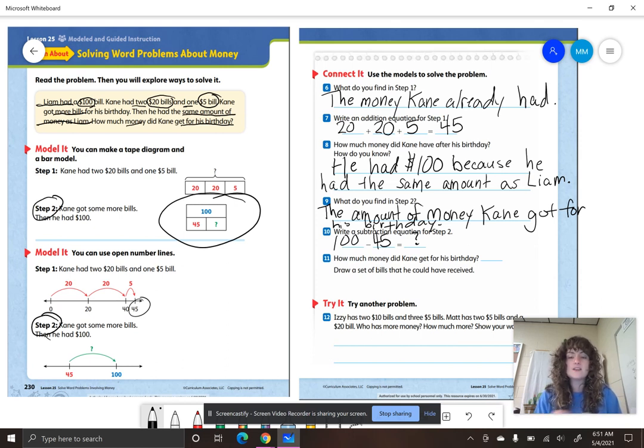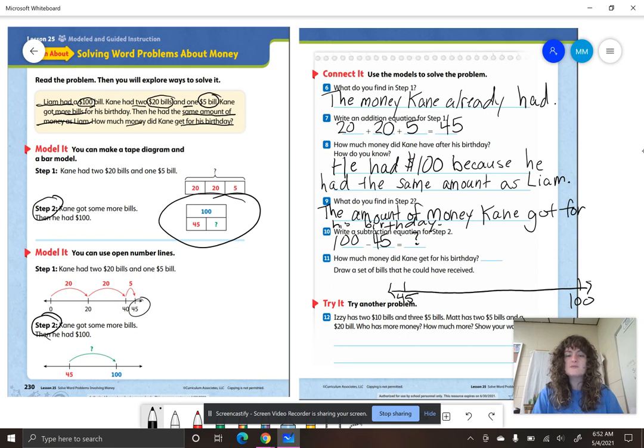So I'm going to solve this problem using a number line. All right, so I'm going to start at 45. That's the part that I know, and I'm going to count on to my whole. So I'm thinking I am going to get to an even group of 10. So I'm at 45 right now.